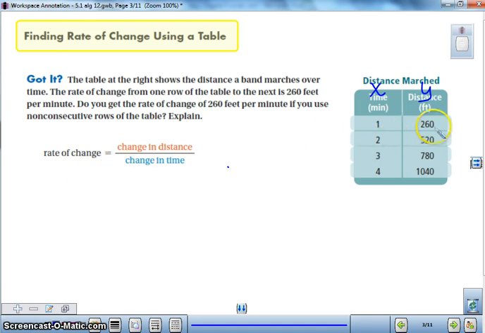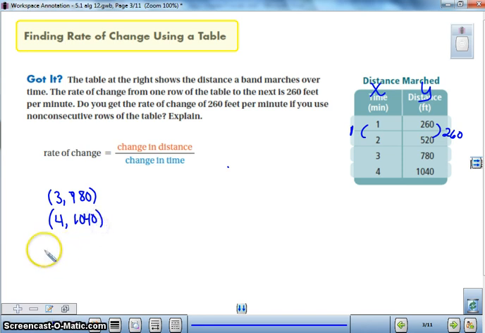So we know this first rate of change is definitely 260. It asks us to find two other rates of change, and the change here is 1. So if we're finding the change in distance, we might be looking at going in 3 minutes for 780 feet, and we might look at 4 minutes with 1,040.